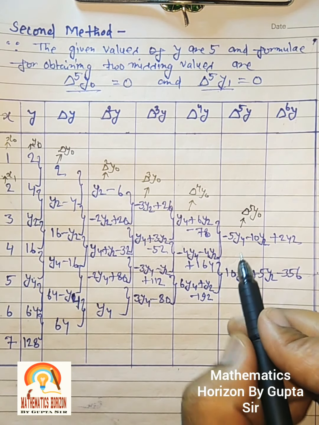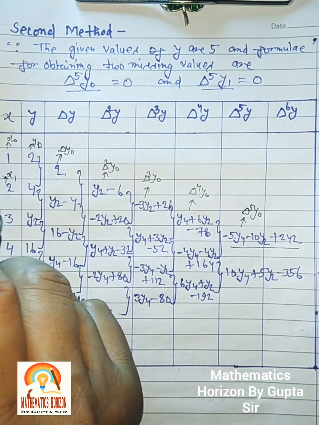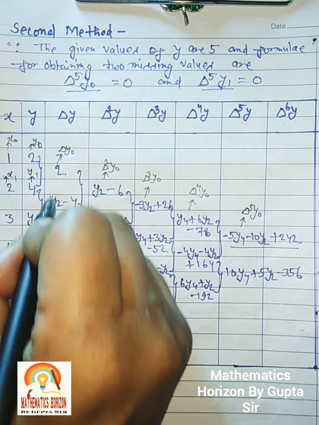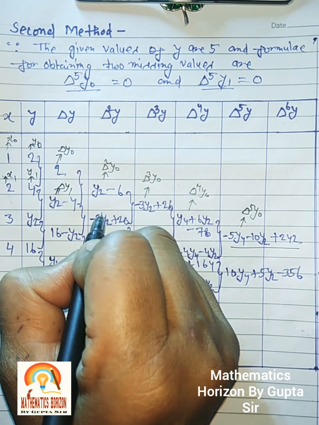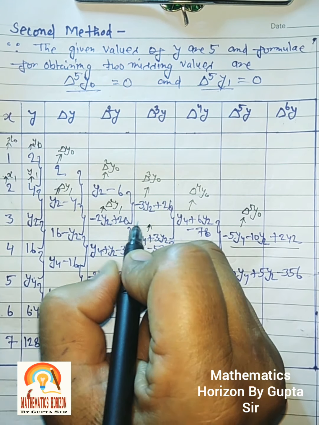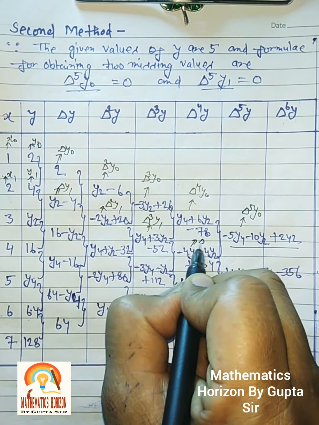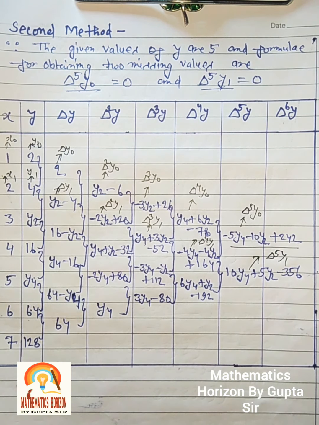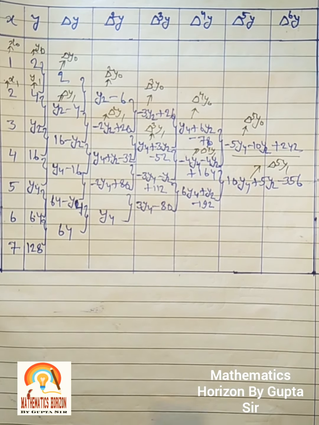Okay, this is the corresponding value of del 5y0, and here we have x1, and this is the corresponding value y1. This is the value of del y1, this is the value of del square y1, this is the value of del cube y1, this is the value of del 4y1, and this is the value of del 5y1.